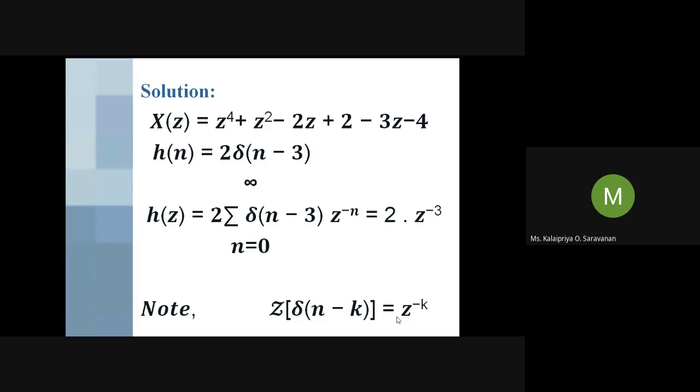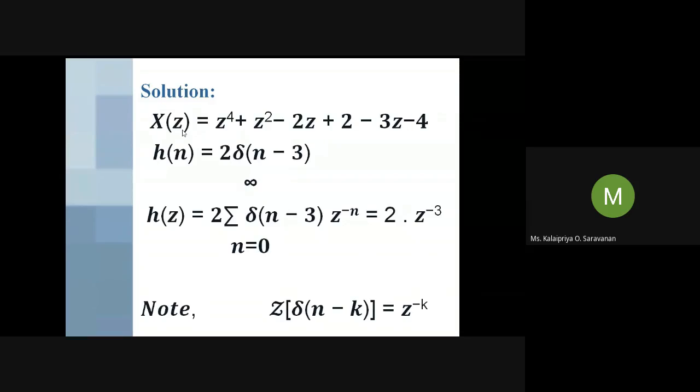Here we have del of n minus 3. Comparing both expressions, the z transform of del of n minus k is z power minus k. Del of n minus 3 means z power minus 3, which is what we have written as 2 into z power minus 3.